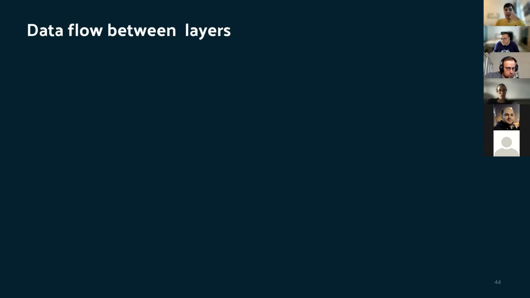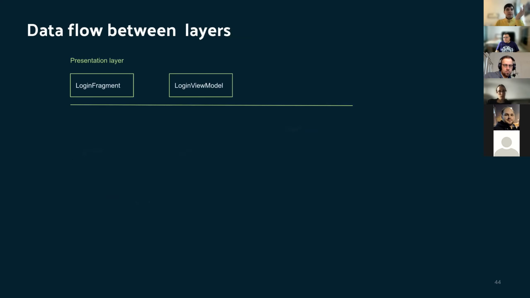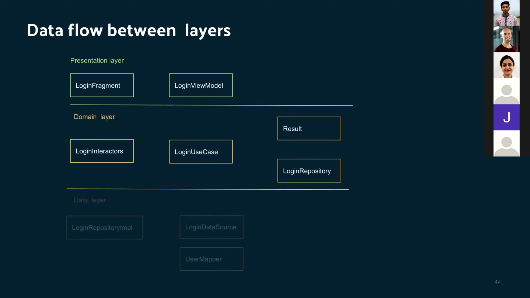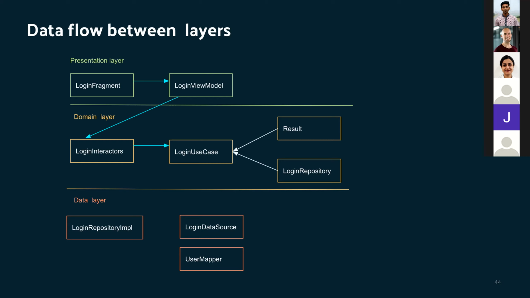And the next thing I would like to talk about is the data flow between these layers. So as you remember, we have a presentation layer, domain layer, and data layer. So let's say the user clicks on login with the input fields, and let's see how the data flows. From the login fragment, we call the login view model, and from the view model, via login interactors, the data flows to the use case, and then from the use case, it has dependencies to the login repository and result.